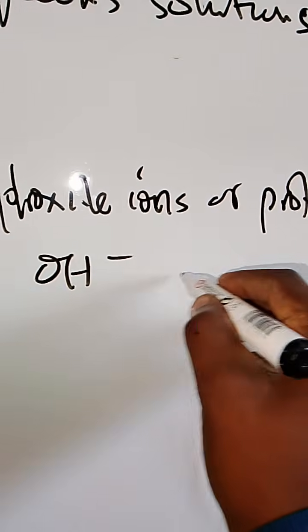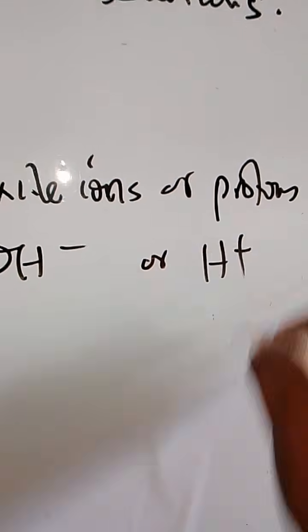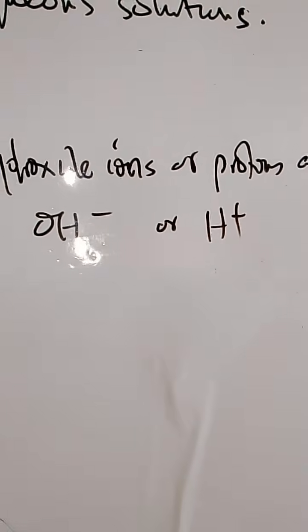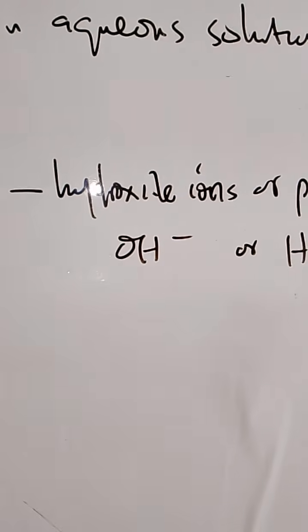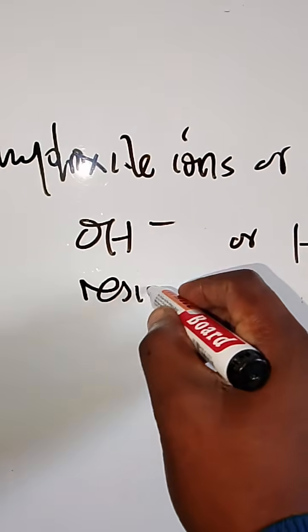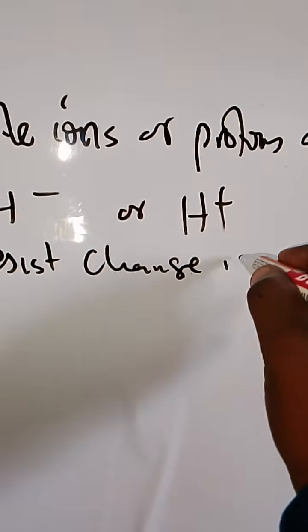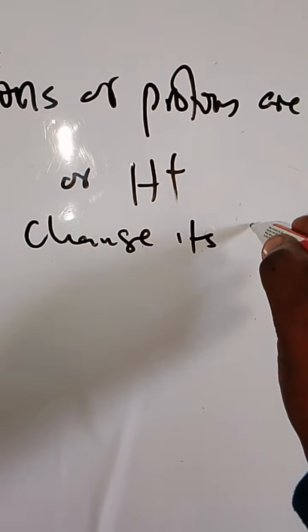So OH, or the hydrogen ion, that is referred to as protons. Okay, so a buffering system or a buffered solution is able to resist change in its pH.